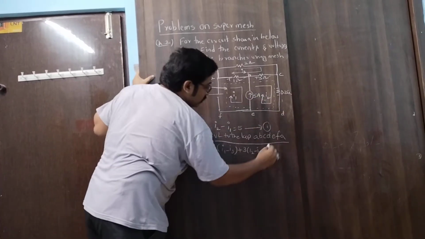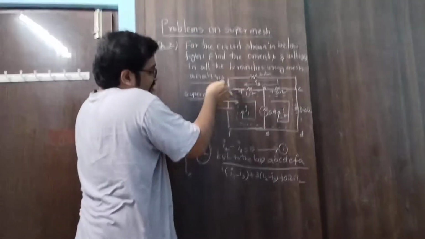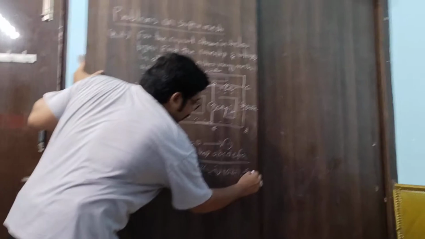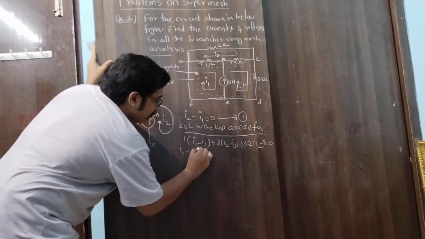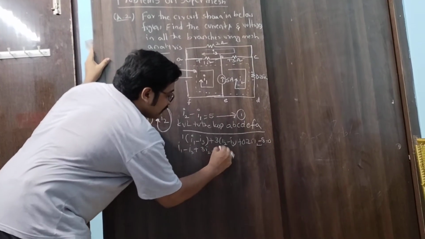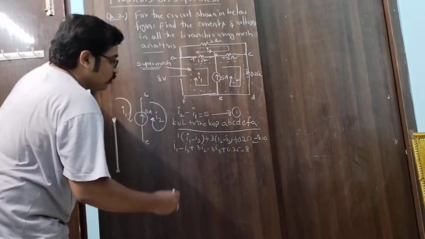Moving from C to D, plus 0.25 times I2. From D to E nothing is there, E to F nothing is there, but from F to A we have 8 volts. So I1 minus I3 plus 3I2 minus 3I3 plus 0.25 I2 is equal to 8.